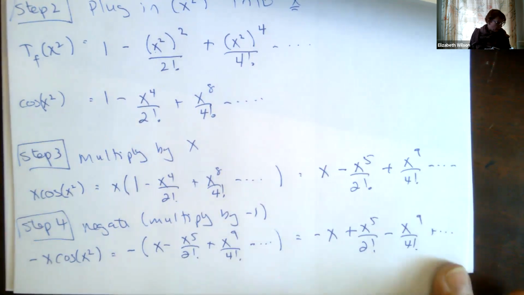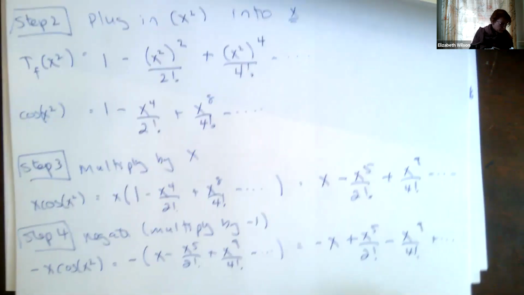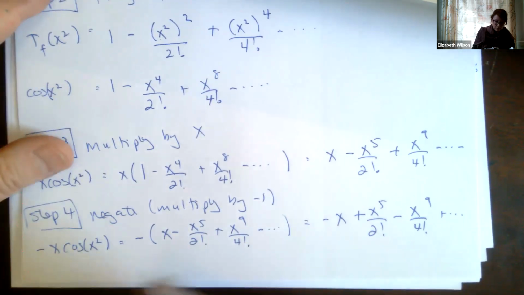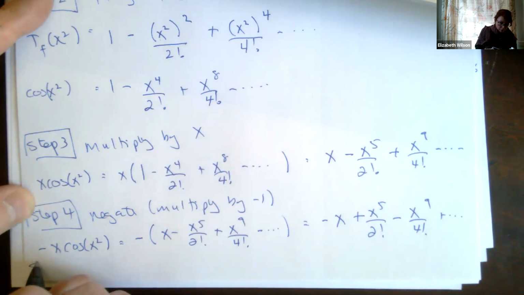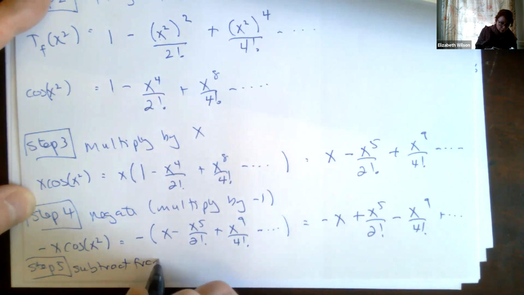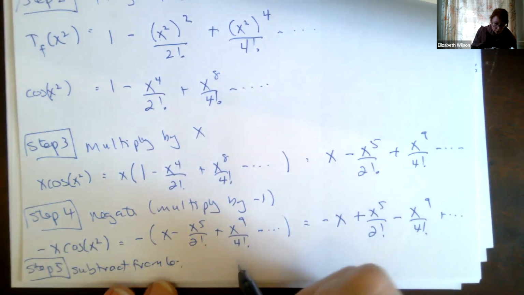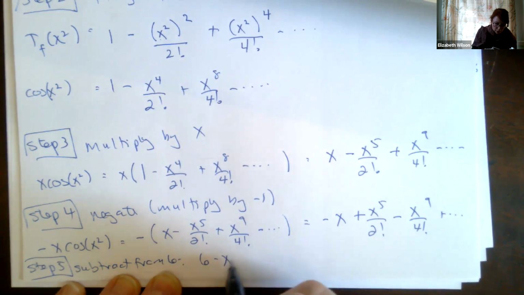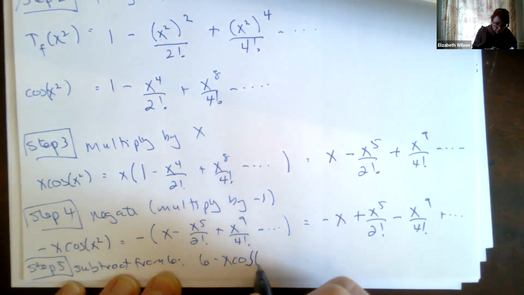Okay, and now I'm going to subtract from 6. Right, so I'm going to go 6 minus x cosine of x squared, I'm running out of space here.